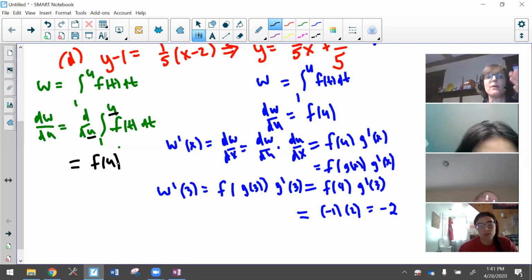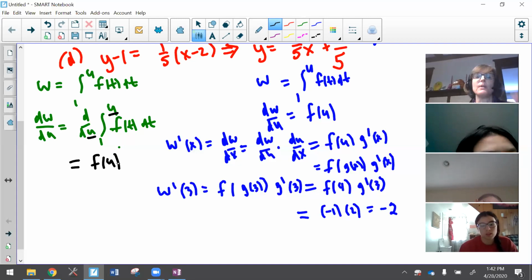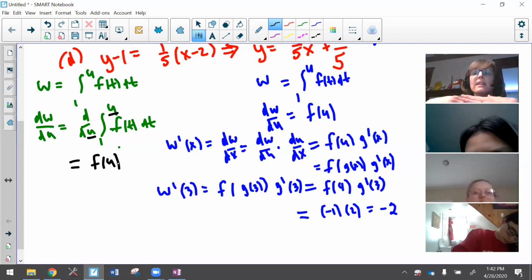It has to do with how the derivative and the integral are inverse operators of each other and they undo each other. But that is a definition.